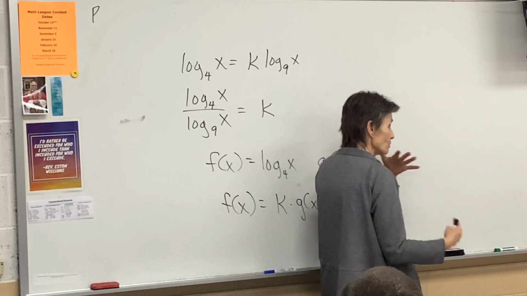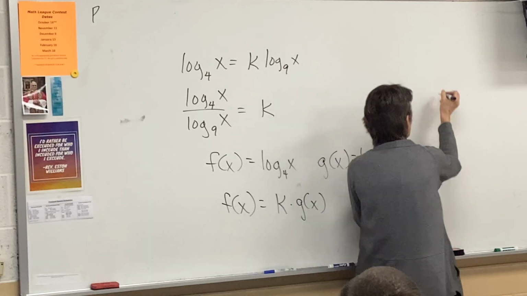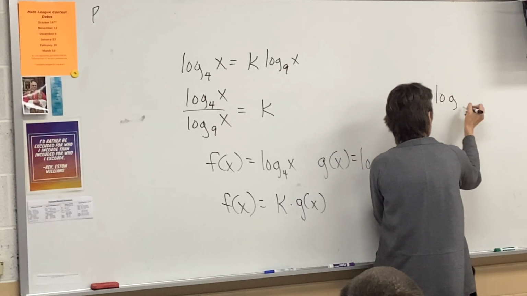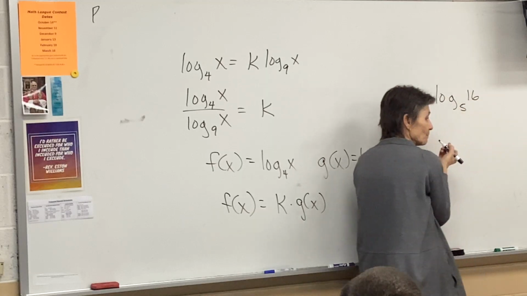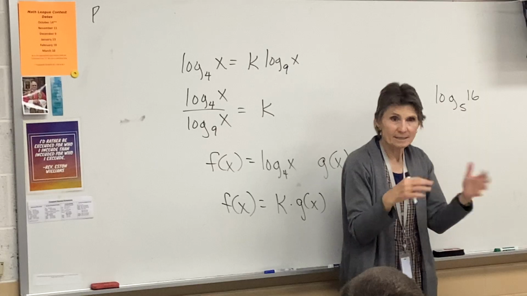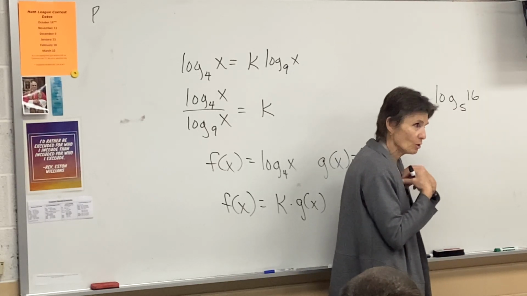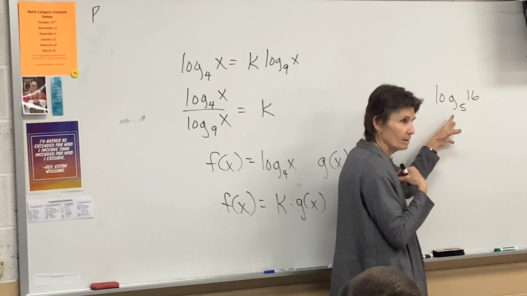Those of you with new calculators are kind of at a disadvantage. Because when we have things like the log base 5 of 16, you just used your magic log base button and typed that in. What did I have to type in? I showed you. What does this equal?